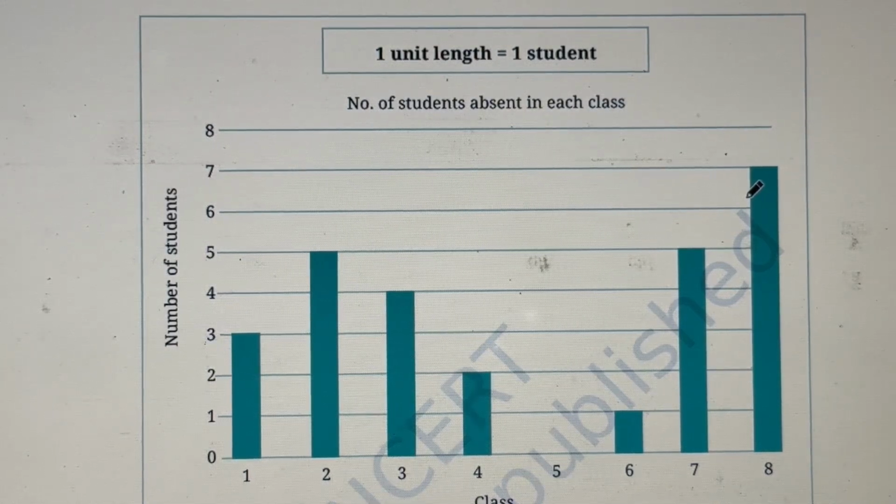So looking at the bar graph, you can understand so many things. You can interpret so much data and you can decide upon so many things based on the bar graph.